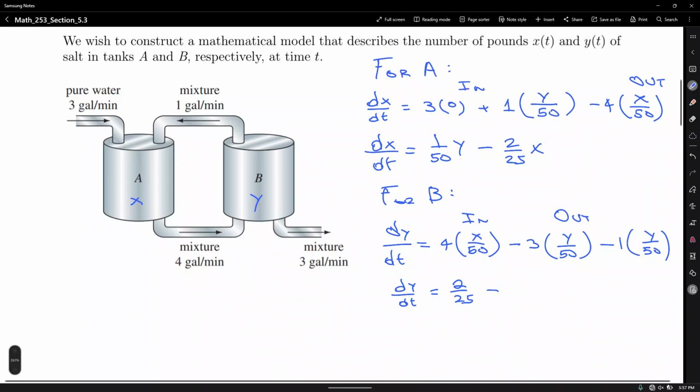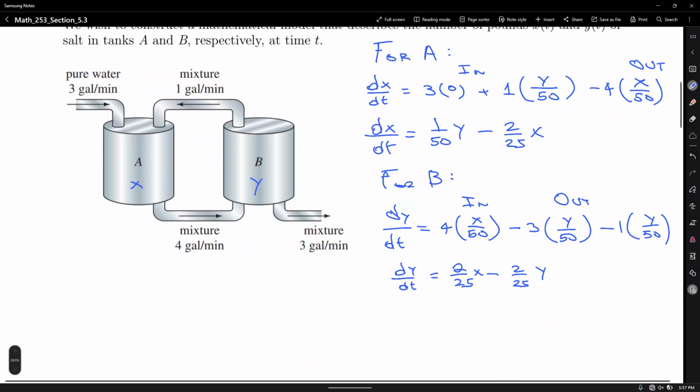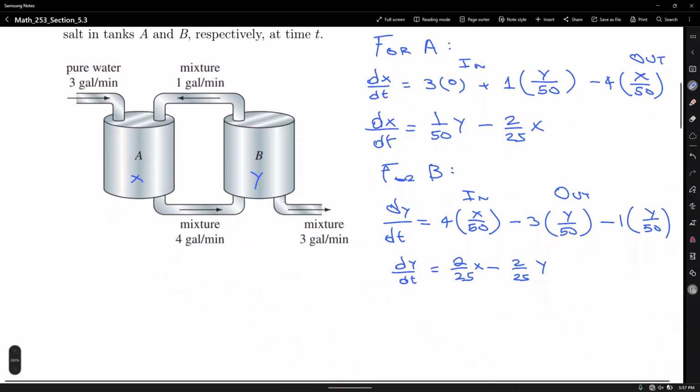Yes. The x, right? Thank you. And negative 3 minus 1, negative 4, but negative 4 over 50 also reduces to negative 2 over 25. And that is the system of equations, guys.